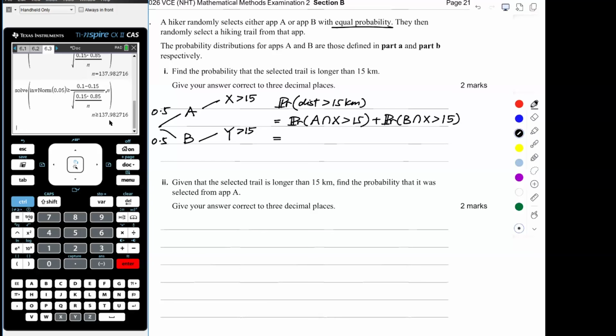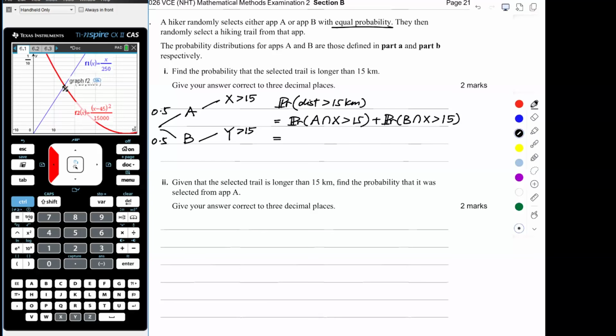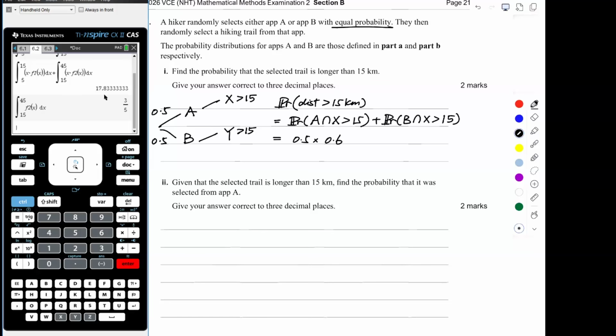So basically, we can compute from the previous part. In part A, we had a probability density function like that. If it's longer than 15, it's just the area under the parabola. So we can actually get just this integral. We have 3/5. So we have 0.5 times 0.6, something along this line, okay? Coming from the integral.